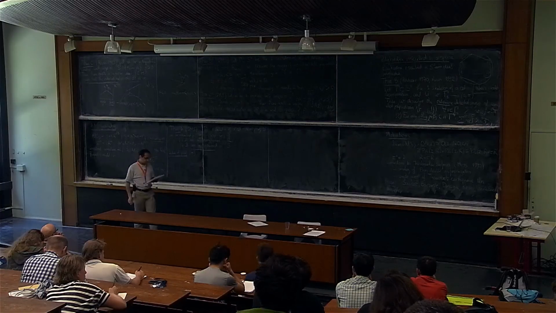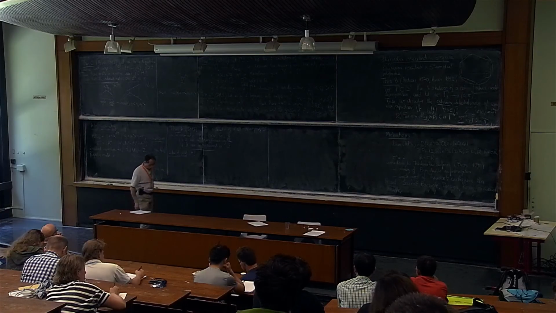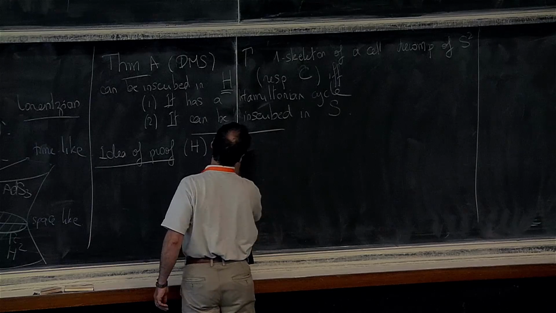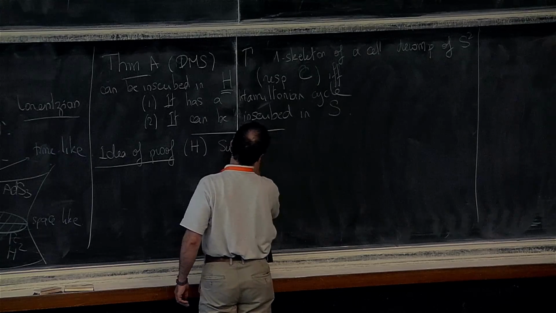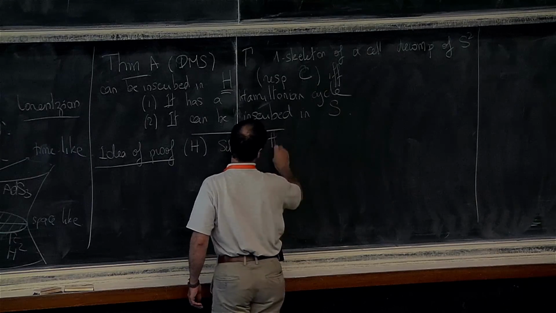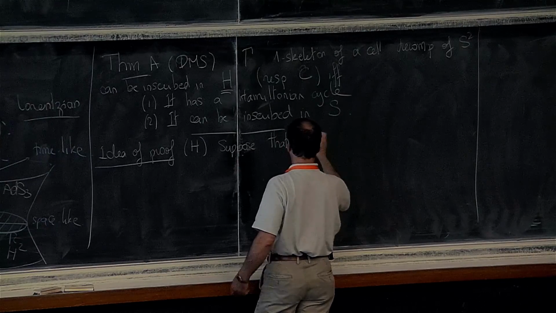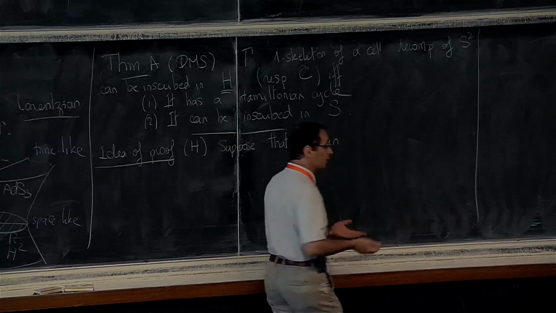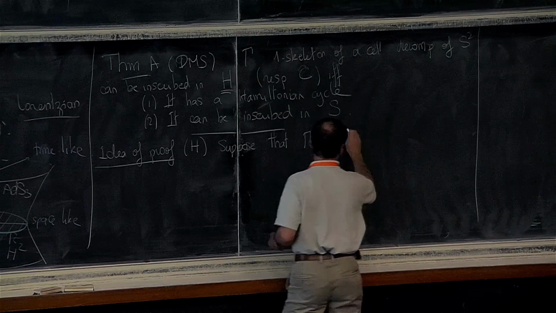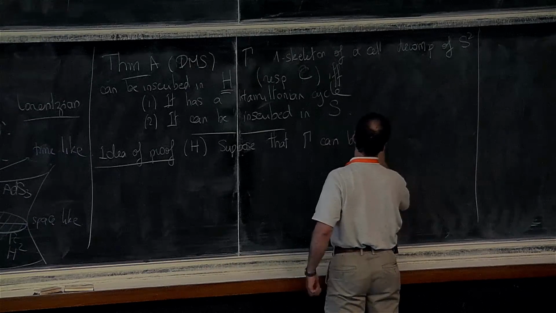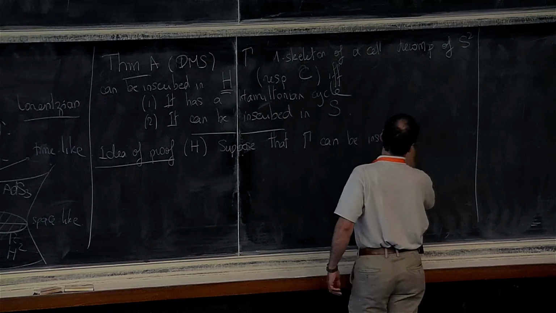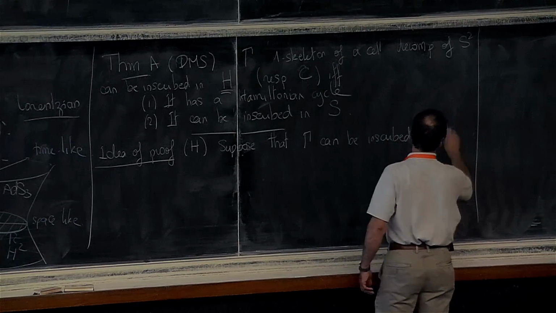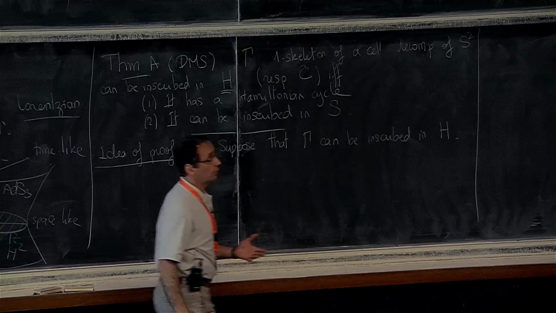So what can I do? I'm going to suppose, it's going to work basically the same way in the other direction, that gamma can be realized as the one skeleton of a polyhedron inscribed in H. I'm going to write this as can be inscribed in H. So what do you get from theorem B prime?